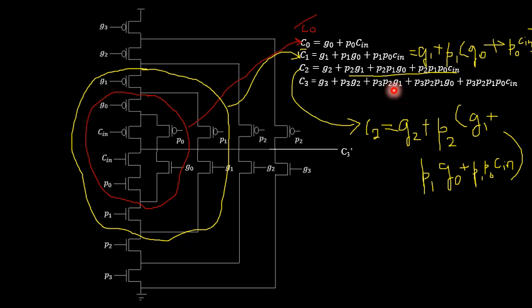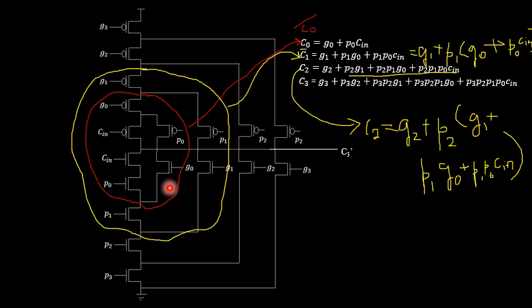So I will be obtaining the expression for C2 as equal to G2 plus P2 into G1 plus P1 G0 plus P1 P0 Cin. Now for this expression, if I draw the CMOS logic structure, P1 P0 Cin should be connected in series. With that combination, I want P1 G0 connected in parallel.